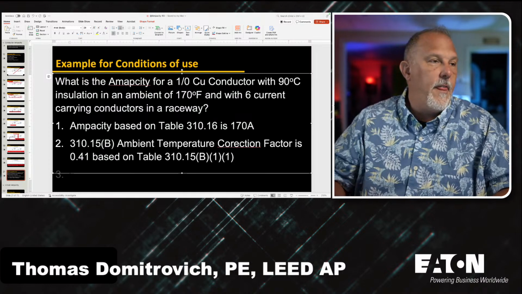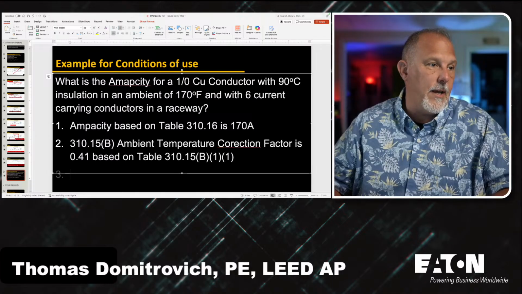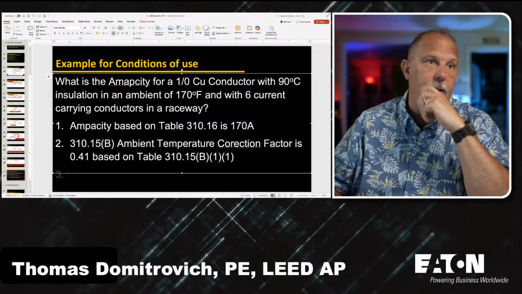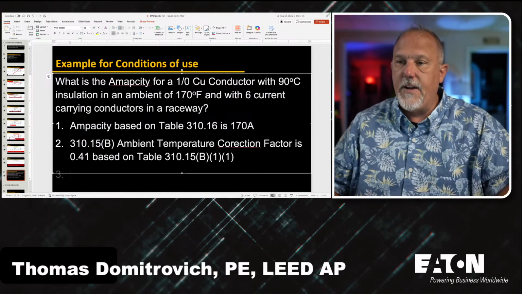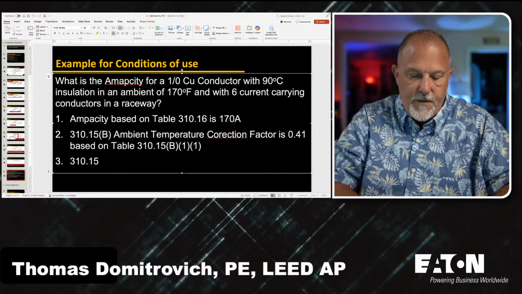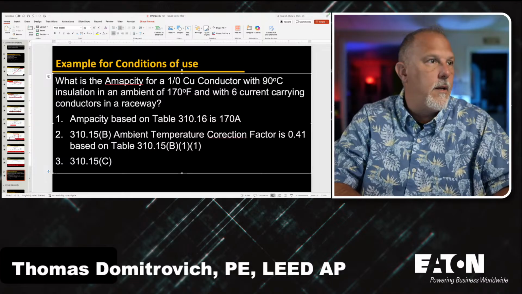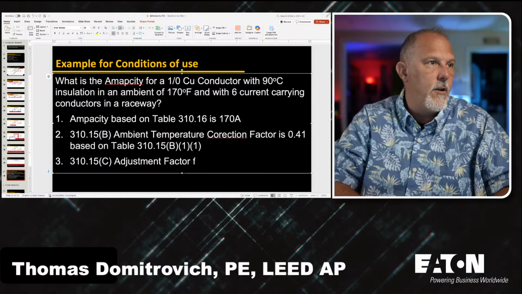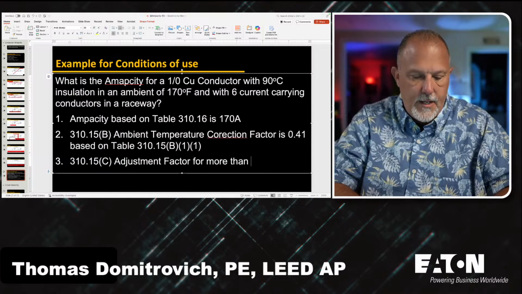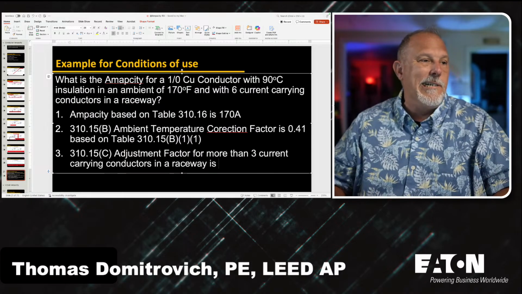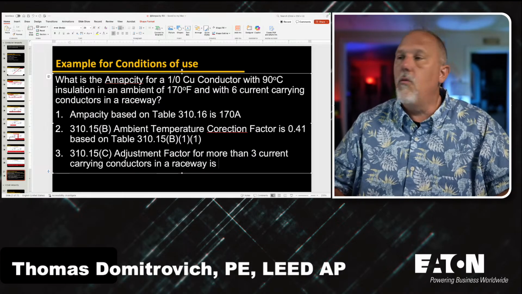Okay. Then number of conductors in a raceway. And guys, follow along, please. Shoot them out if you disagree. I believe I'm using the right tables here. Adjustment factors, 310.15(C). The adjustment factor for more than 3 current carrying conductors in a raceway is, drum roll please, what do I got?